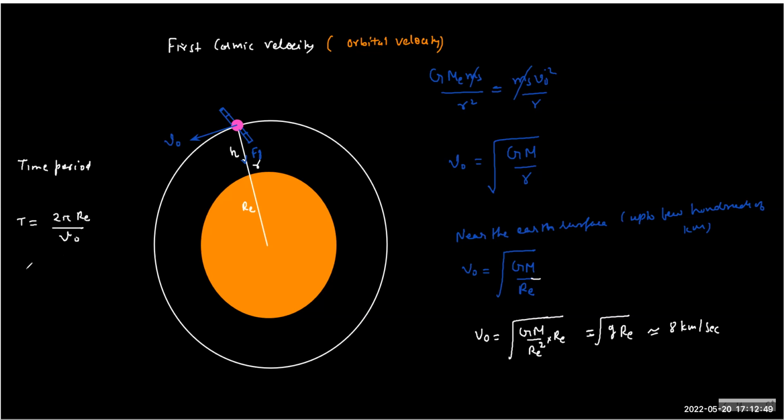Yes, sir. 2 pi r e upon g r e. So I think this will be 2 pi under root r e by g. That's fine. And r e by g you can solve roughly easily.